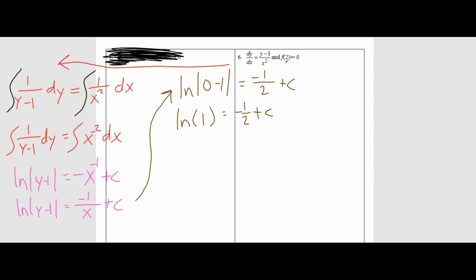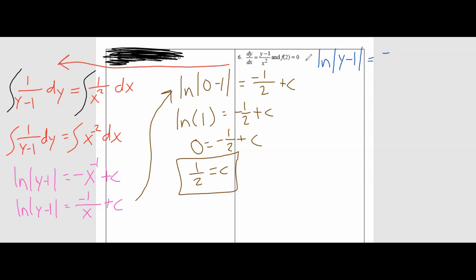Natural log of 1 is just 0, which makes it a little bit easier for us here. And I just get c is equal to 1/2. So I'm going to replace my c with 1/2 and rewrite this. Natural log of the absolute value of y minus 1 is equal to negative 1 over x plus 1/2.